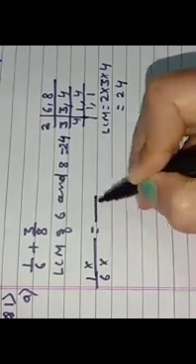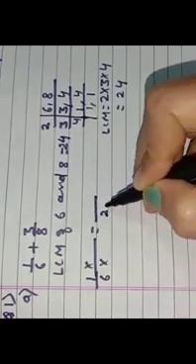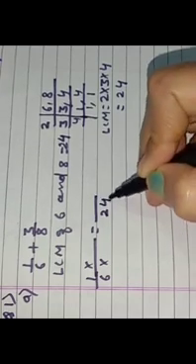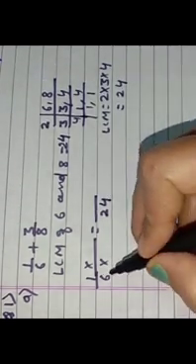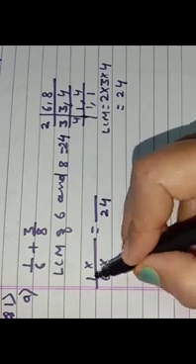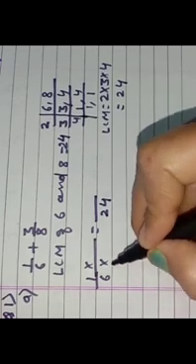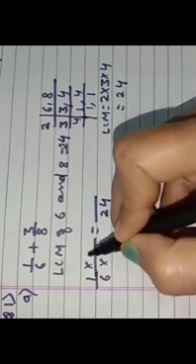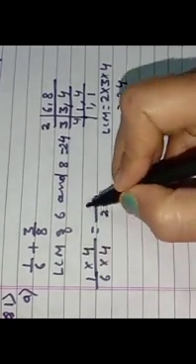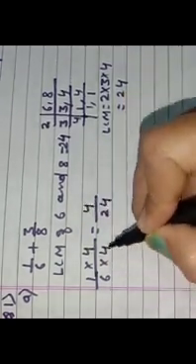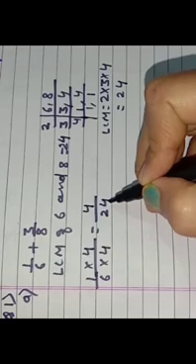We have to get here the product, that is LCM 24. So we can multiply 1 upon 6 by 4. The product will be 4 1s are 4 and 6 4s are 24.